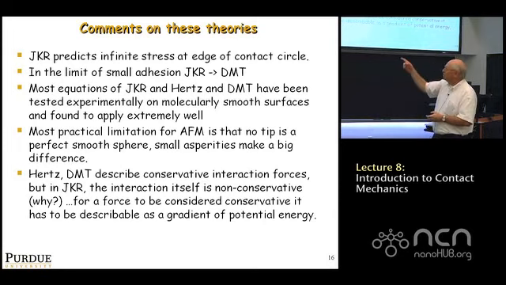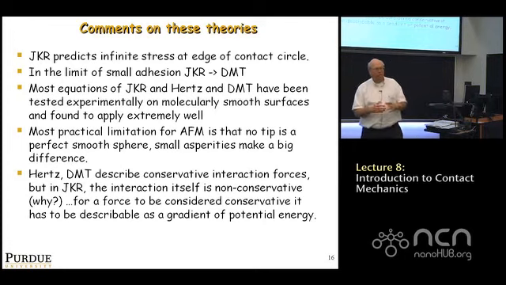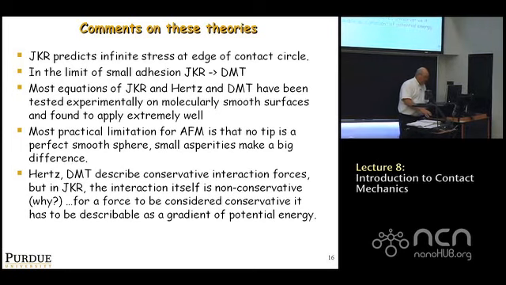This fourth point here is that the most practical limitation for AFM is that no tip is a perfectly smooth sphere, right? You can't buy those. And small asperities on the tip will make a big difference. So you shouldn't be terribly surprised if these models don't work for AFM purposes, right?